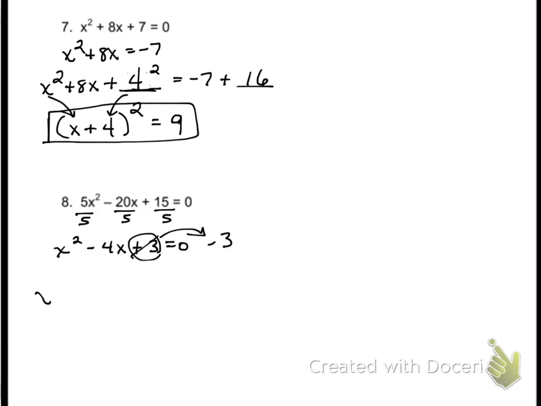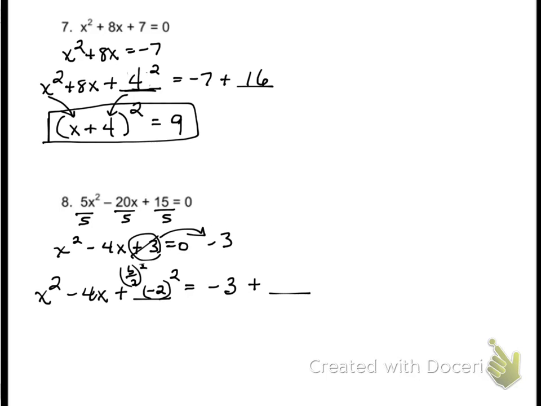And so we'll have x squared minus 4x plus blank equals negative 3 plus blank. Now we have to fill in the blanks. The blank is always b over 2 squared. So negative 4 over 2 is negative 2 squared.